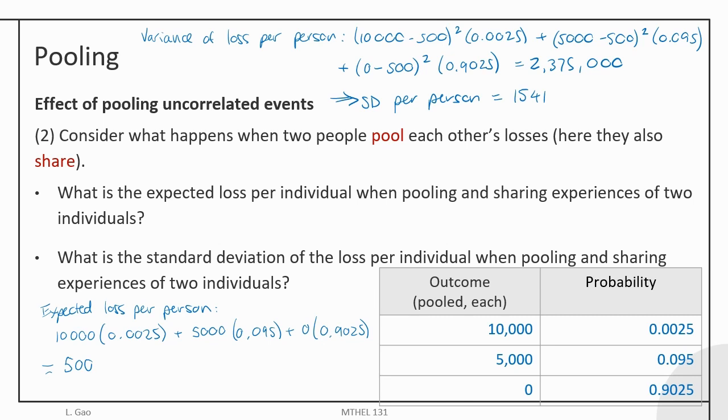The idea here is that when we're combining independent individual units, the standard deviation per individual decreases, but the expected loss remains the same. So when you're pooling independent losses, the risk per person decreases. The relative risk decreases.